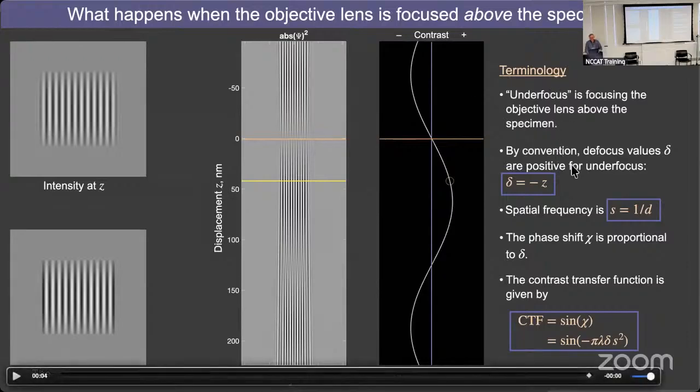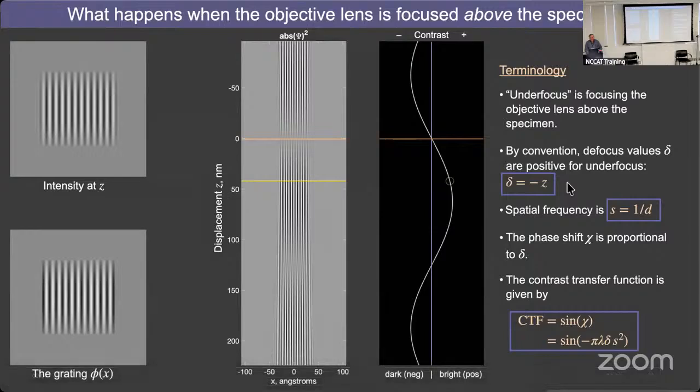But I'll give you a more concrete way to look at that in a minute. By convention, people give a defocus value, say I took my images at a defocus of 1 micron, and what that means is that the strength of the objective lens was turned down so that it's actually focusing 1 micron above the specimen.